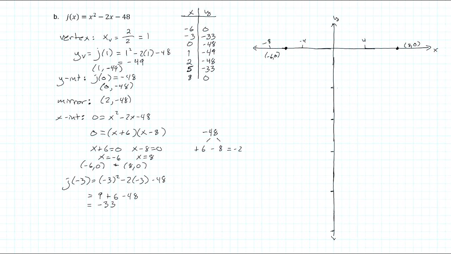All right, so if I go by 2's, this is negative 10, negative 20, negative 30, negative 40, and negative 50. So (1, -49) is going to be down here. And then (0, -48) and (2, -48) is the y-intercept and its mirror point.